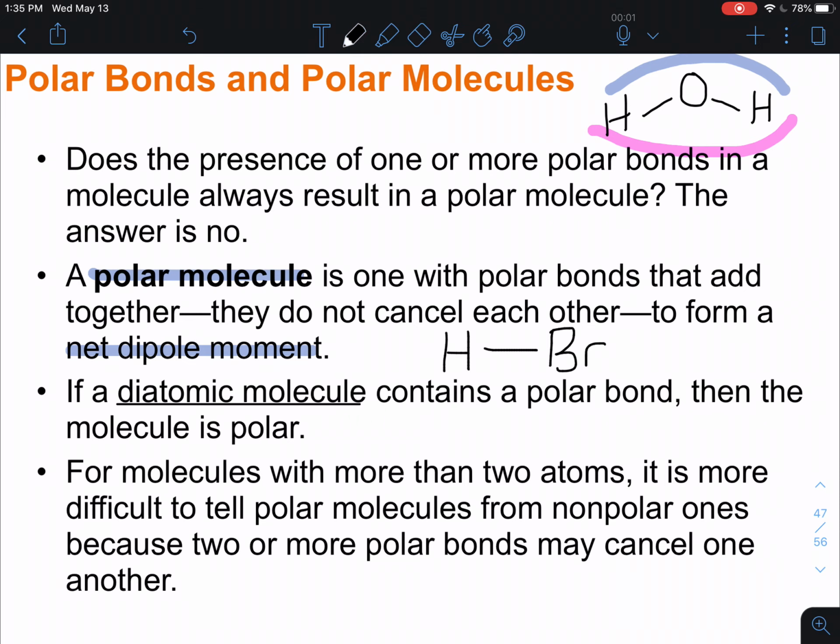So even though a molecule might be made up of all polar bonds, it might not be polar because we always have to consider the shape of the molecule. If the molecule is shaped in such a way that the polar bonds cancel each other out, then the molecule itself will be nonpolar.